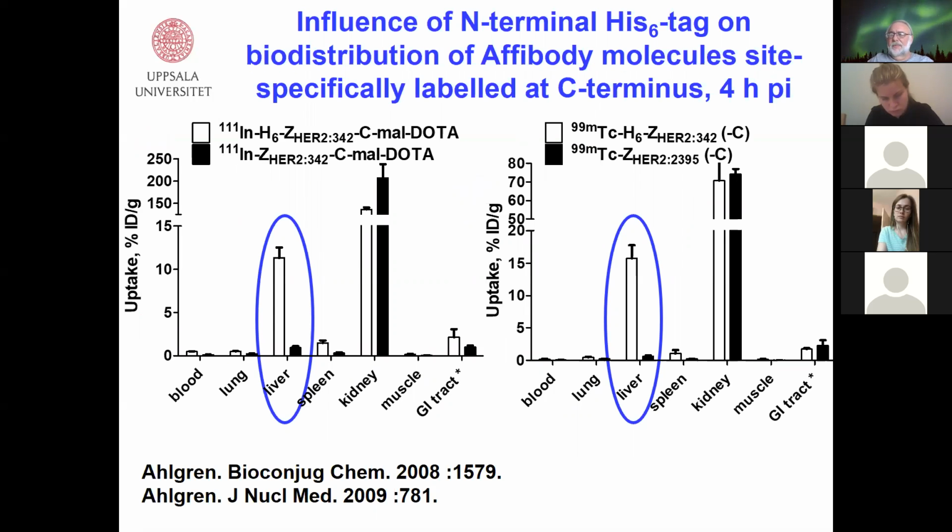Later on, when we started to learn site-specific labeling of affibody molecules, we got quite shocking results, observing high liver uptake when we had hexahistidine-containing affibody molecules. And the label was placed at the C-terminus in this case.